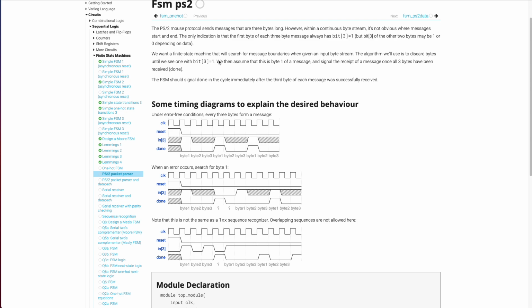We then assume that this is byte 1 of the message and signal the receipt of a message. Once all 3 bytes have been received, FSM should signal done in the cycle immediately after the 3rd byte. So in is 1, 2, 3, and then the 4th byte.